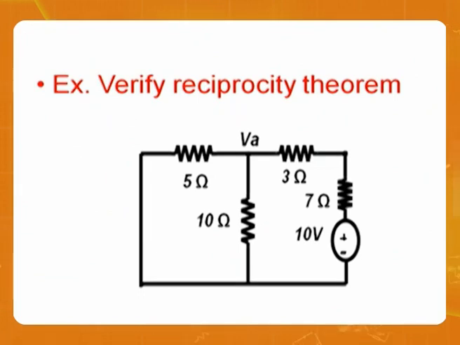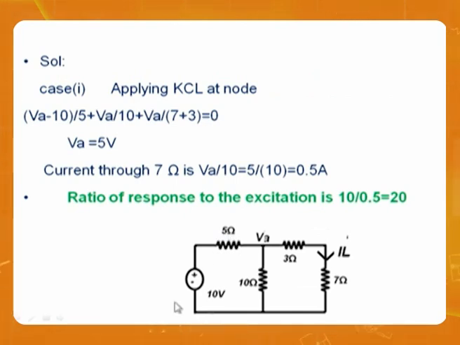So let me explain this one by using an example. Verify reciprocity theorem. Please look here very carefully. This is the source, that's the load. Now I will calculate the current here. This is the source, load is here. What is the current that you got?